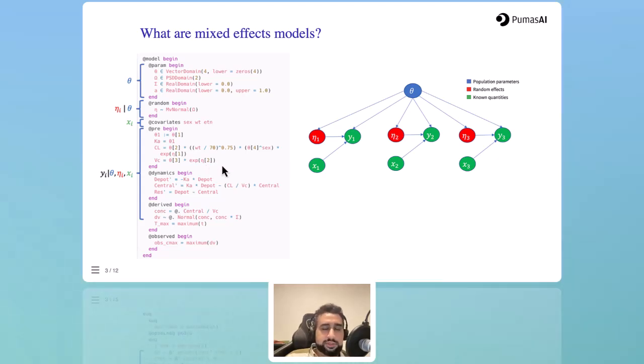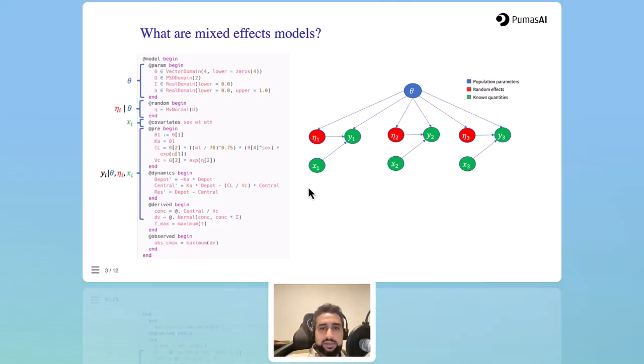It could be additive or multiplicative. If eta is more than 0, we multiply by its exponential, which is greater than 1, and that gives us something greater than the typical value. If it's less than 0, the exponential is less than 1, so multiplying the typical value by it gives us something less than the typical value.